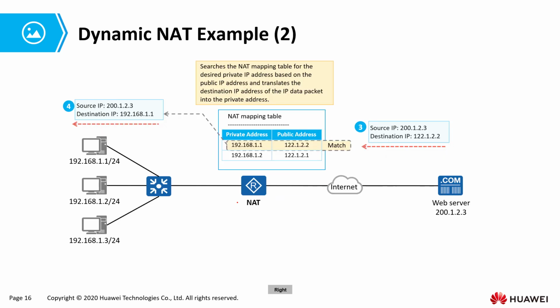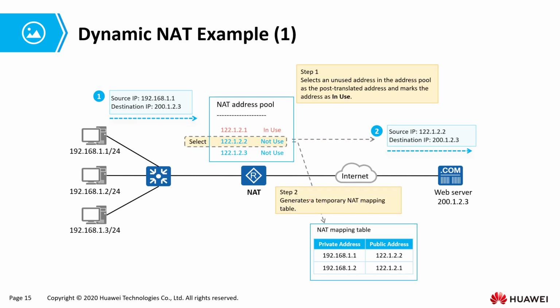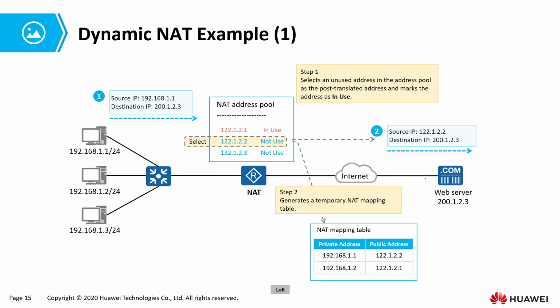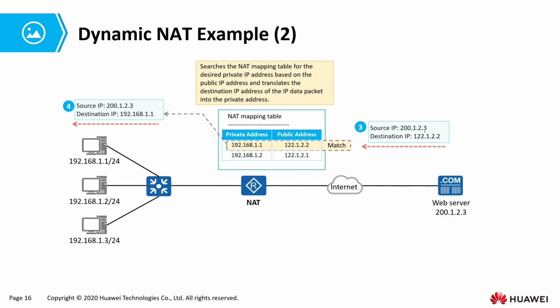So let us look at an example configuration. This is the same example that we looked at here. In this case, we are looking at another device sending a reply back. You can see from that IP to that IP, it gets here and checks the mapping table. Of course, this mapping table I've mentioned is temporary.